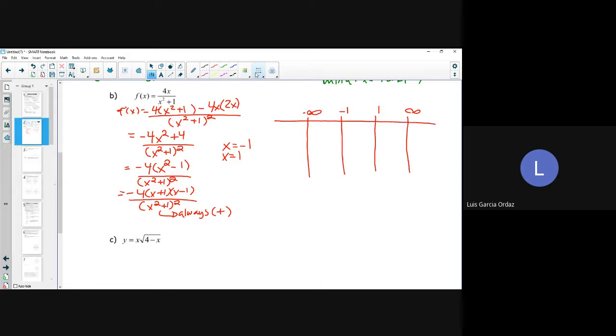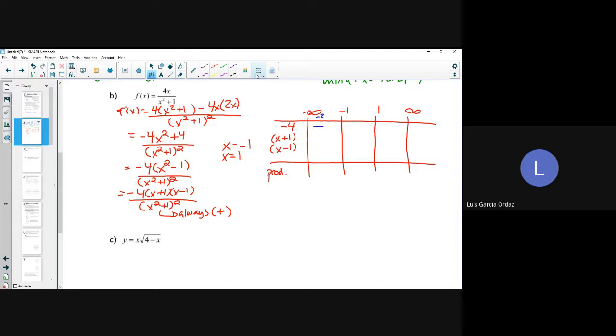So remember, negative 4 counts as a factor because that will always be negative. Then I get x plus 1, and then I get x minus 1, and then I get my product. So a number between negative infinity and negative 1, let's pick negative 2.